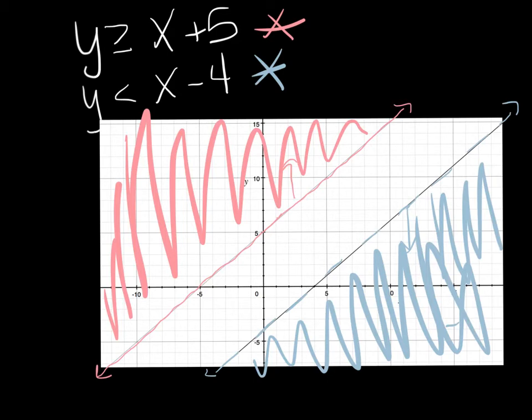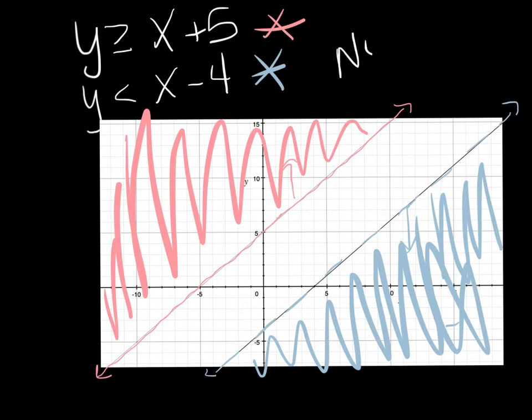So, based on the last example that we did when we were trying to find our solution, what was our solution? It was the part that overlapped. So what do you notice in this? Well, I notice that they do not overlap. There is no overlapping. So, therefore, there is no solution.